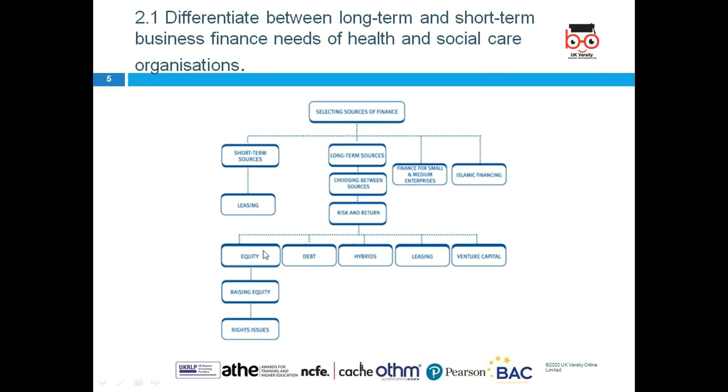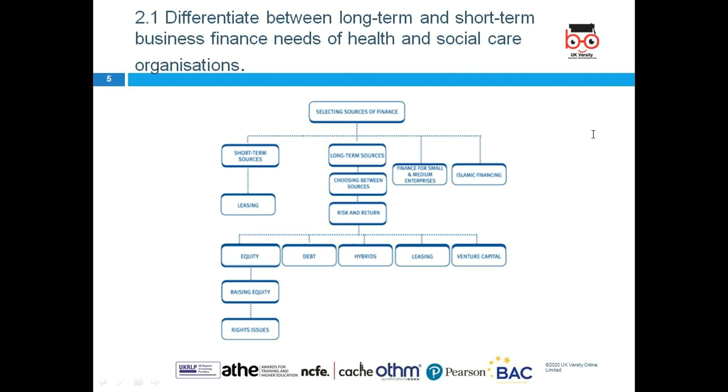Equity means the shares. We can divide it into equity financing and debt financing. Equity means you issue shares to the public, and that can be one of our sources of finance. Debt means you get a loan, and there is leasing and venture capital. Leasing is normally lease capital.